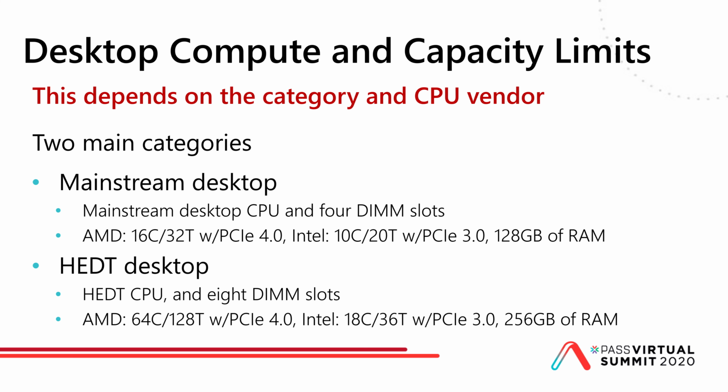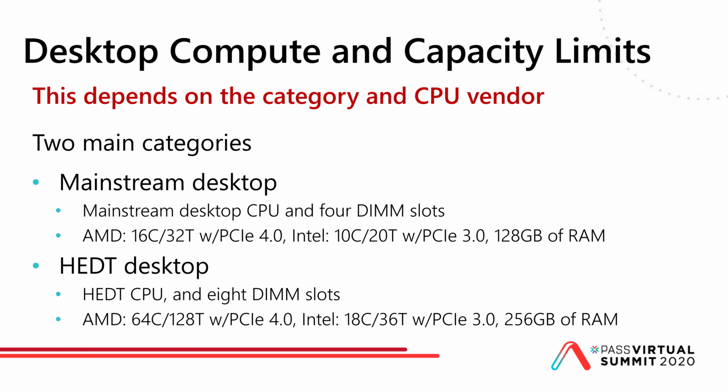So moving on, desktop machines. What are the limits for desktop machines? And this depends on the category of the desktop machine and which CPU vendor we're talking about, whether it's AMD or Intel. So you've got 2 main categories here. You've got a mainstream desktop, and you've got a high-end desktop, HEDT. So with mainstream desktops, you're going to have 4 DIMM slots, unless you have a really small motherboard where it might be limited to 2 DIMM slots.